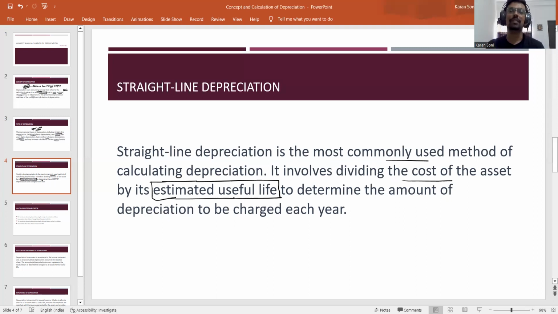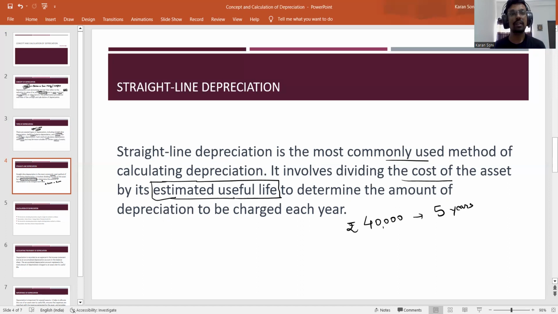To calculate depreciation on this laptop, I need an estimate of how many years it will last, how many years I can use it. So if I think I can use it for 5 years, and my laptop's purchase price was 40,000 rupees.